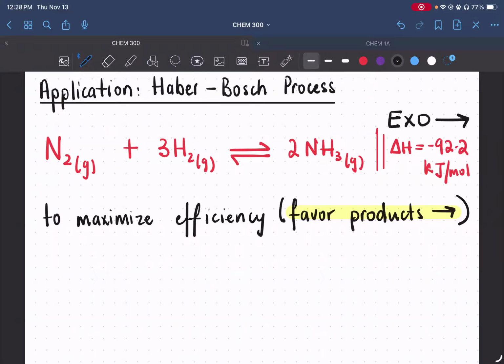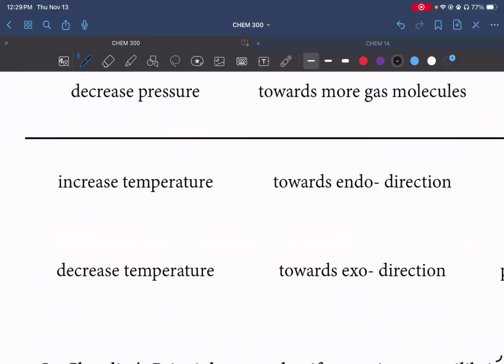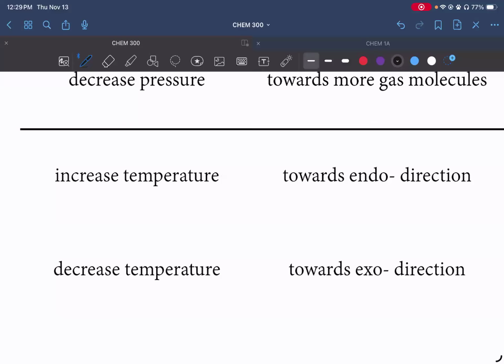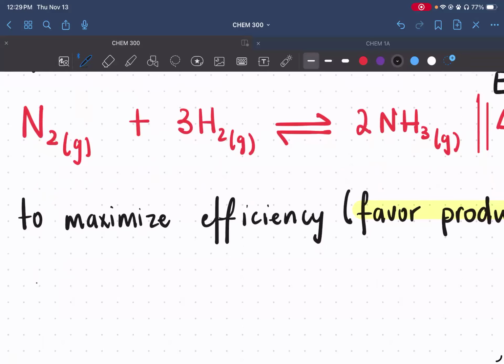All right, so I can see that to the right is exothermic. And I know that if energy is involved, I can look at temperature. I want to favor the right. I want to favor the exothermic direction. Do I increase or decrease temperature? Decrease. Guess what is actually done? This reaction is performed at incredibly low temperatures.